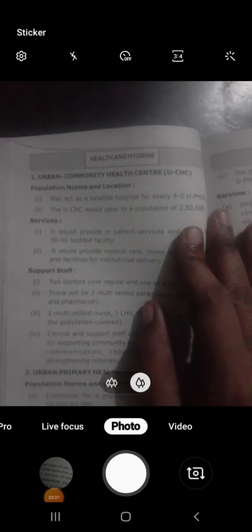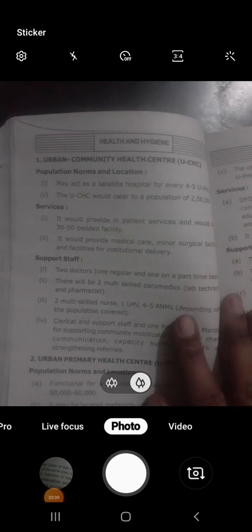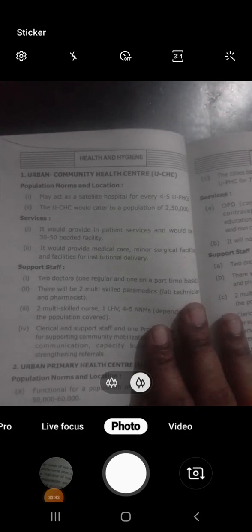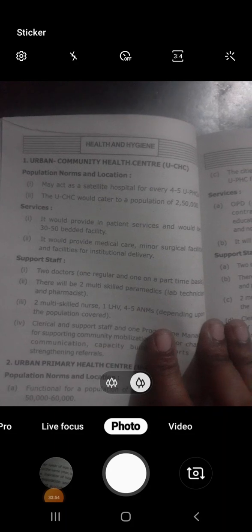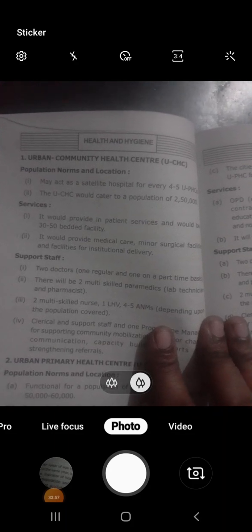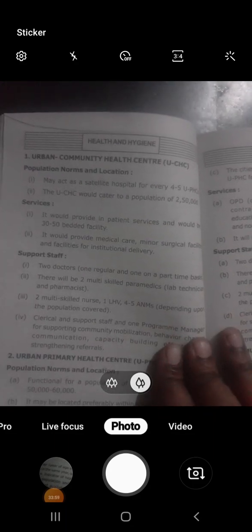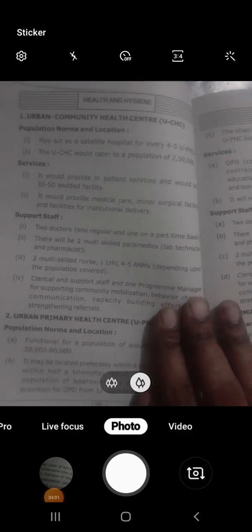So here, for the urban community healthcare center, we have population norms and location. It may act as a nearby hospital for every 4 to 5 PHCs, primary health centers, and a community healthcare center covers a population of 2,50,000. Services are patient services, a 30 to 50 bed facility, medical care, minor surgical facilities, institutional deliveries.